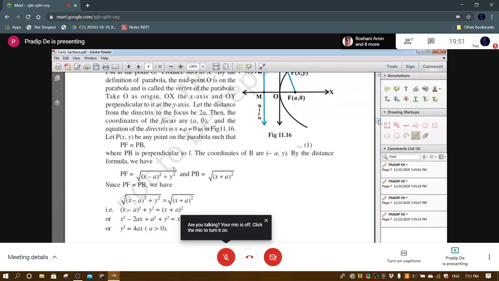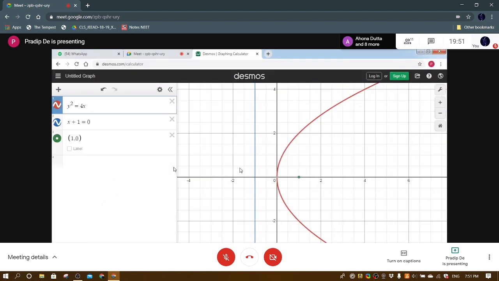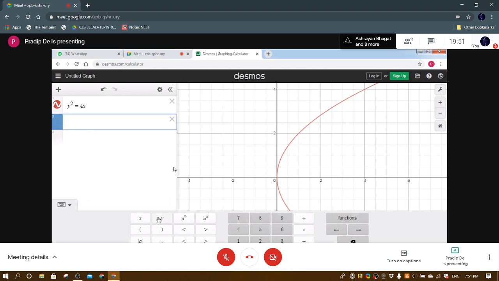How are these two parabolas related? I'll take you to the diagram once again. Say this parabola. I don't want this. I don't want this. So I take another parabola.